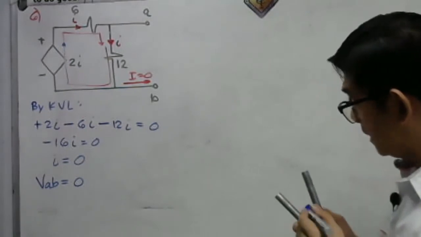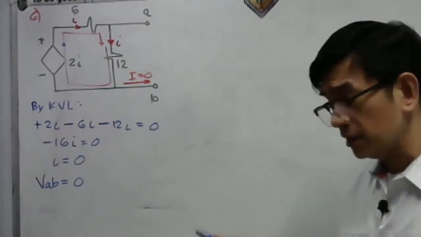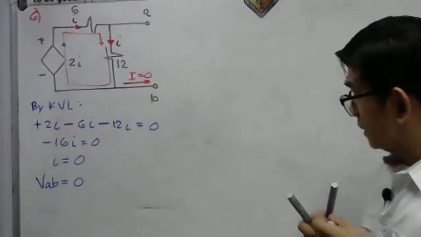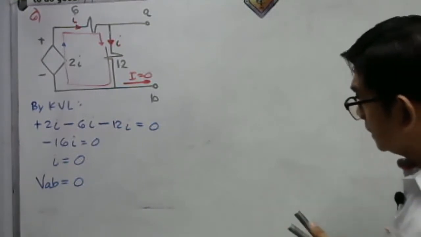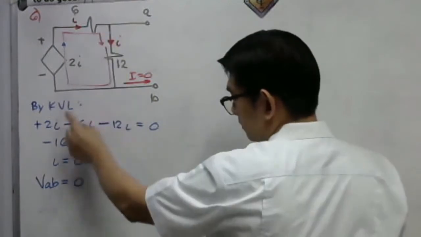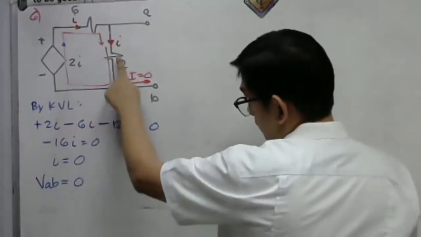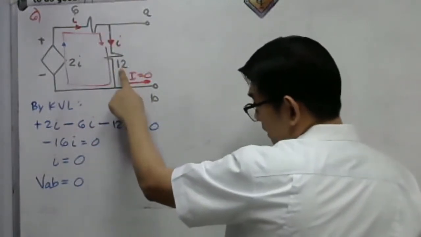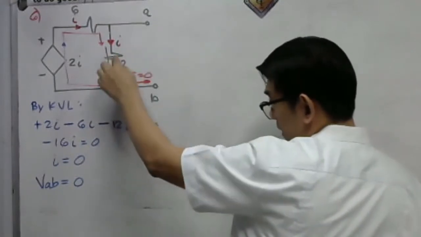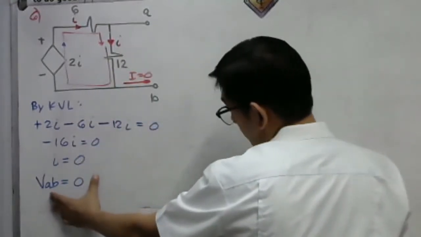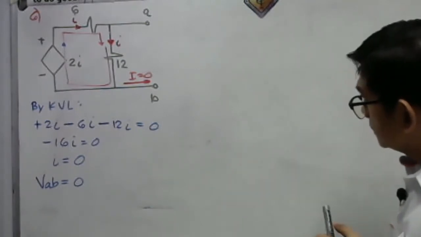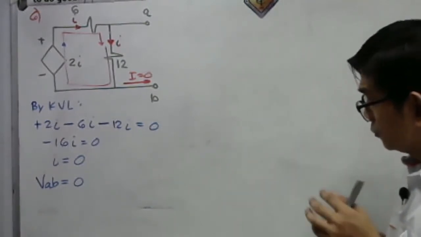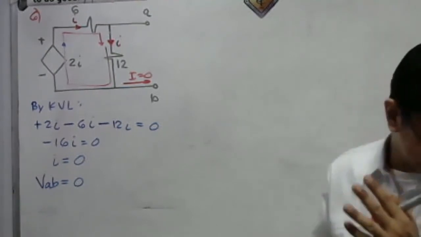That is our VAB. But it is not an absolute 0. It simply means that this current, because that is 0, 0 times 12, that is the voltage drop here at AB, that is simply 0. We have to take note of this. Okay. So, we have to introduce a current source.